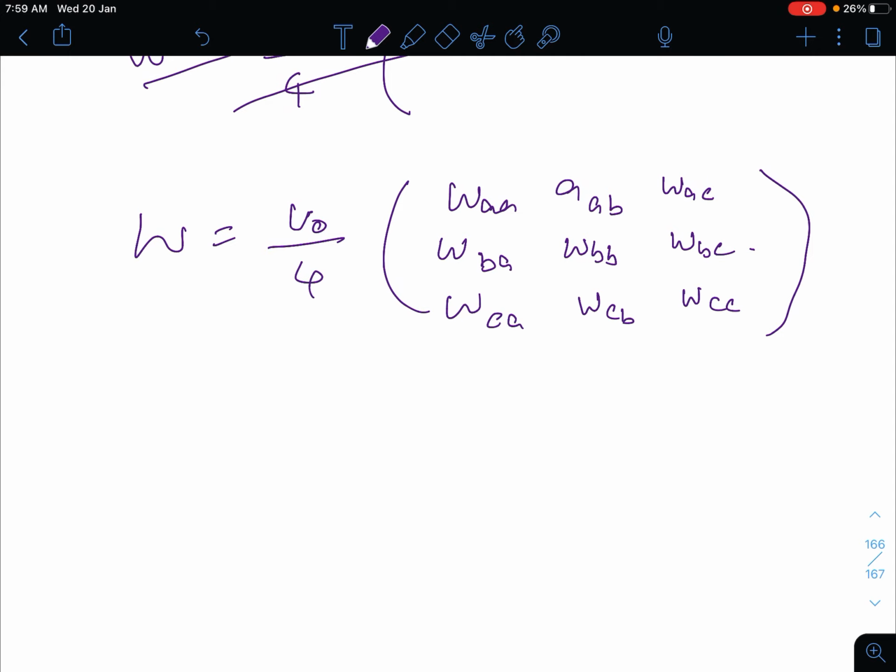So all the diagonal terms WAA, WBB, WCC we got as v0 by 4. So this is v0 by 4 times 1 1 1. Clear? Then AB and AC we got as 0 and 0.